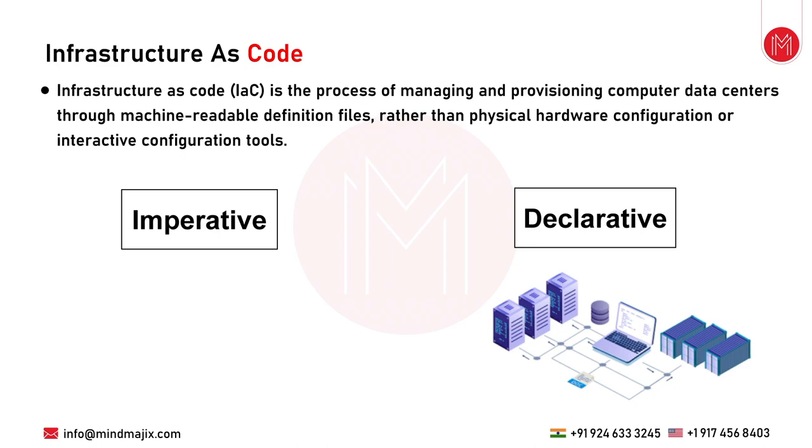And in the declarative approach, you declare the desired outcome. Instead of outlining the sequence of steps the infrastructure needs to reach the final result, the declarative approach shows what the final result should look like. And that is basically the idea of Terraform. Terraform follows a declarative approach rather than an imperative approach.